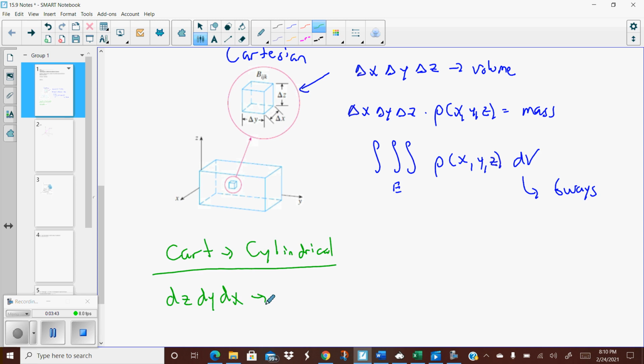We know that we would get a dz, and then we would get, because of the polar aspect of it, an r, oops, not r d, should be dr, d theta.